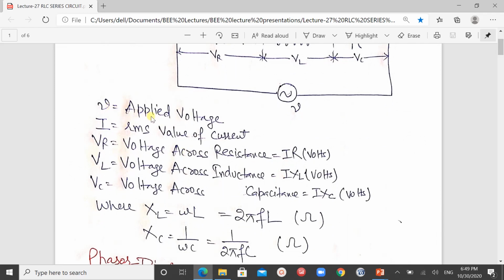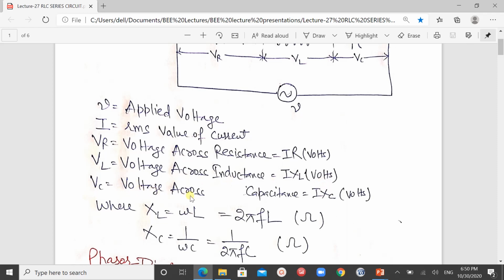V is the applied voltage which is given to the circuit. I is the RMS value of the current. VR is the voltage across the resistance and it is given by IR and units are volts. Then VL is the voltage across inductance and it is given by I into XL and units are volts.